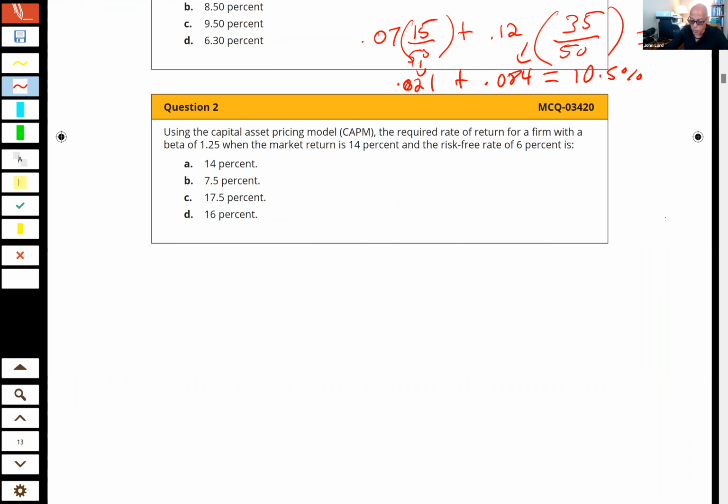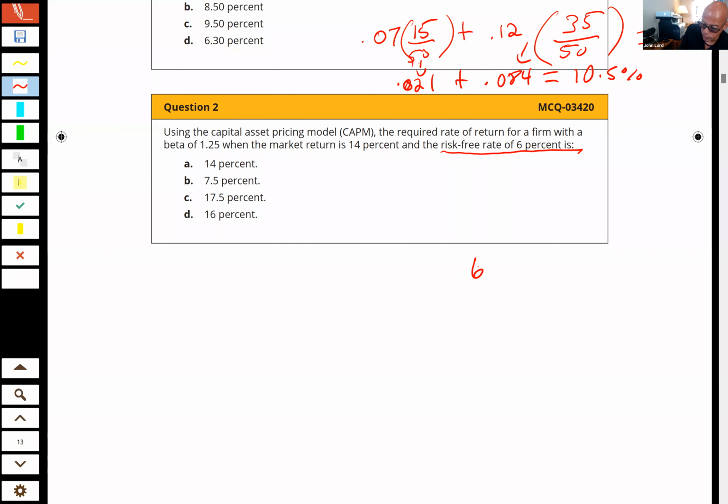And most of us got this right using the capital asset pricing model. Now, when you take a look at this, you can see that they tell us the risk-free rate of return is 6%. So we know we're going to have to use that.